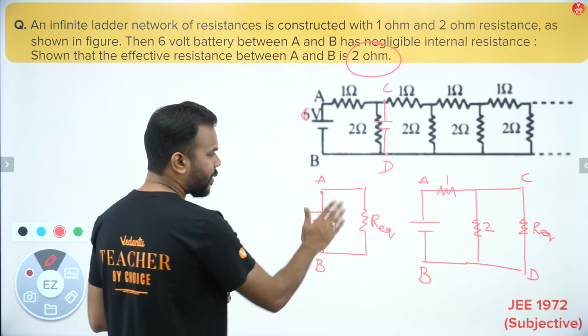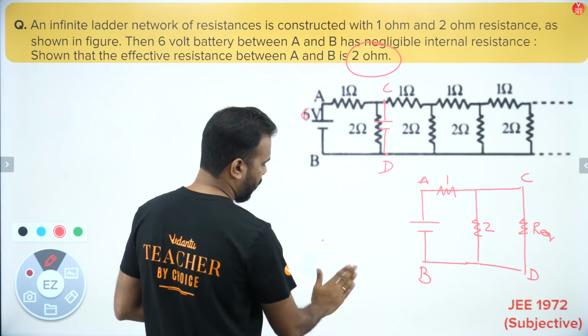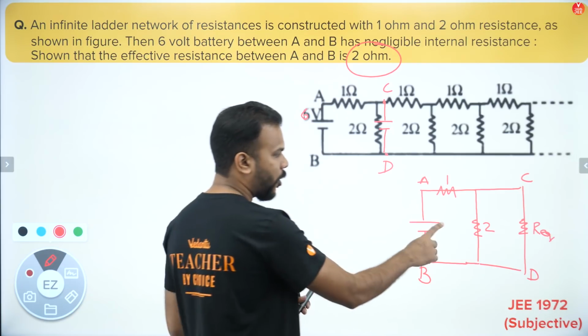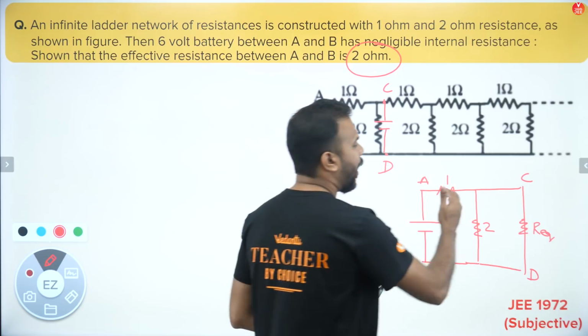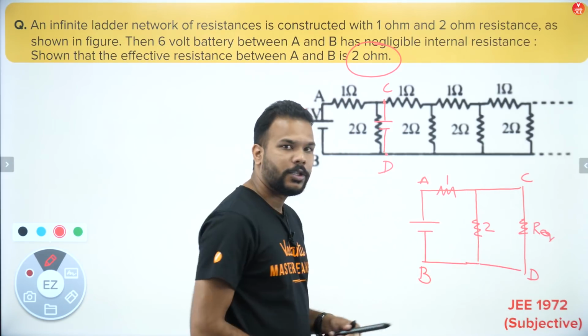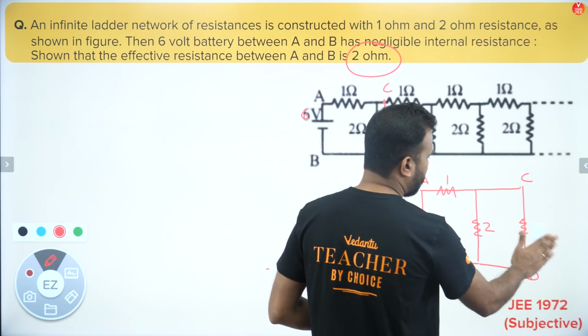So when you are approaching such questions, guys, pay attention to this now. You have to draw the diagram like this. Consider the first branch there with the battery, and for the remaining part, just write down the R equivalent value which you are expecting it to be.